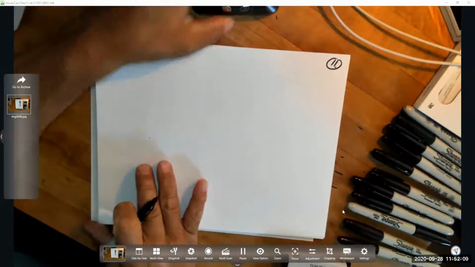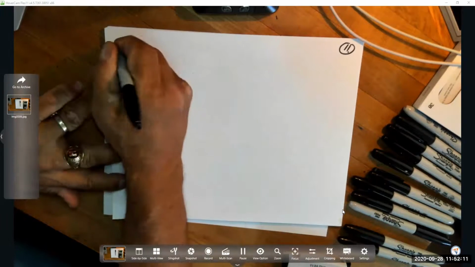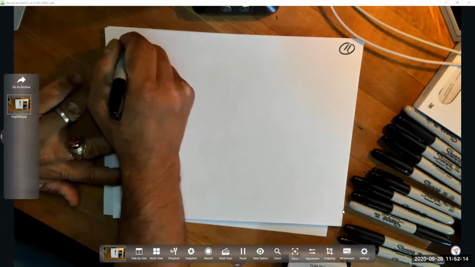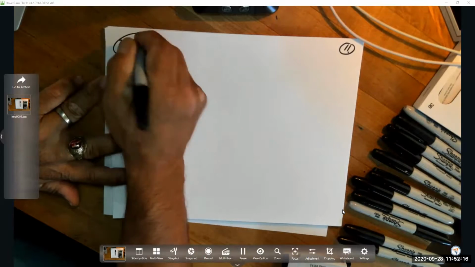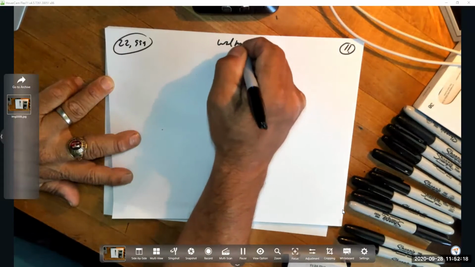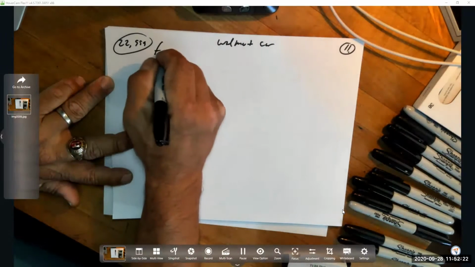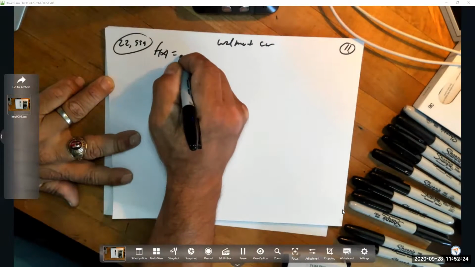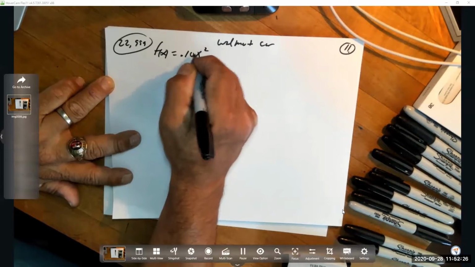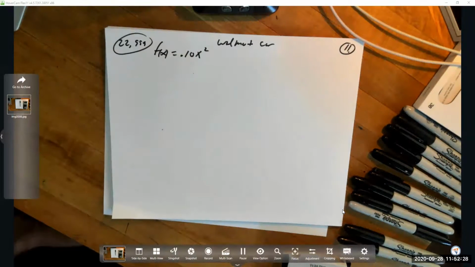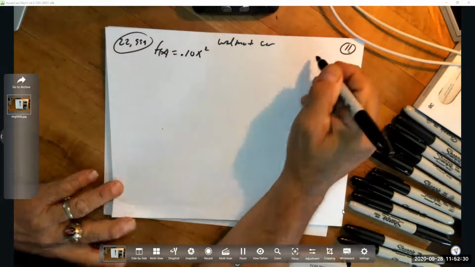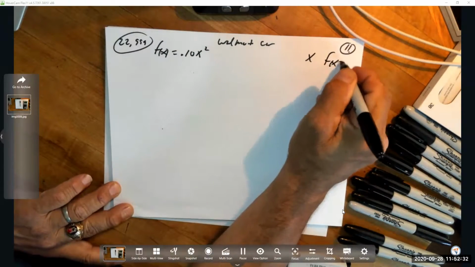Let's say this is number 22. So you drive around in Walmart or something, in your car. I'm going to say f of x equals 0.10x squared. Okay, that's the formula. I'm going to make some tables over here, and then I'll show you how they work.